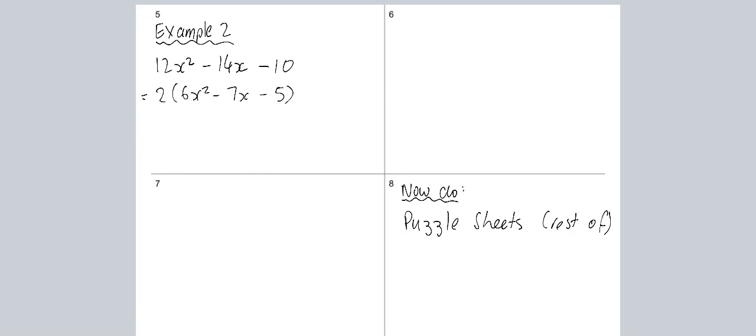And I'll remember this time, minus 5. So that's our starting problem really inside the brackets. I need to factorize 6x squared minus 7x minus 5. And I'm going to use the diamond method so that you can see it in action. I'll try and be a little bit more natural about how we go about it.